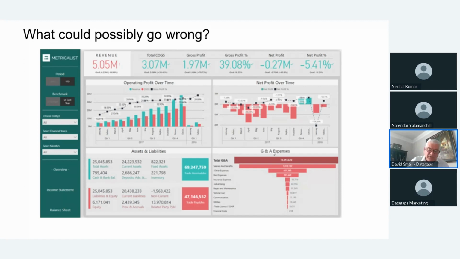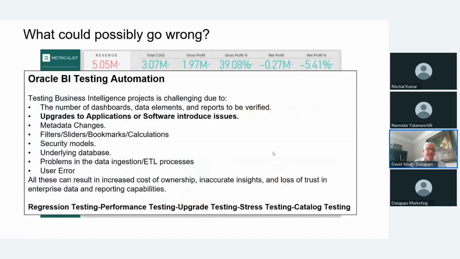And you want to be able to do that based upon trustworthy data and trustworthy output from your data analytics platform. So what could go wrong? Well, the one major use case that we see where it could go wrong is as people are upgrading their data analytics platform from one version to the next, there's oftentimes issues that are introduced just by simply doing that upgrade.